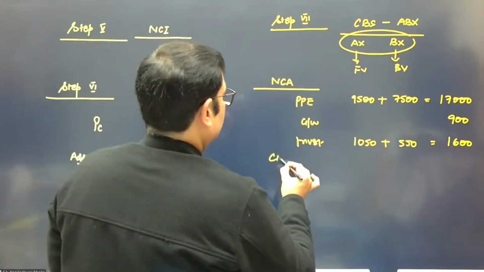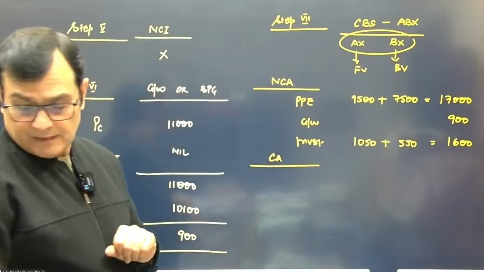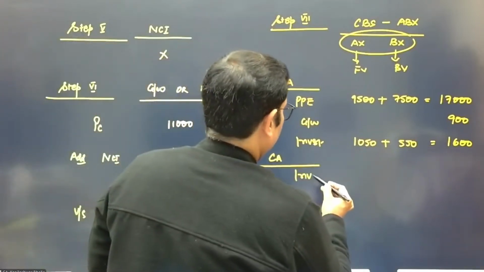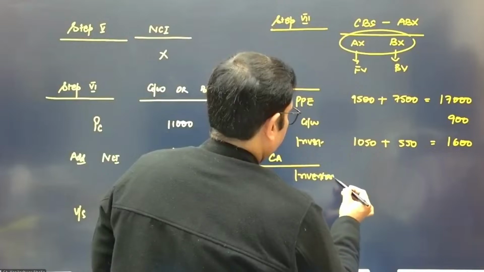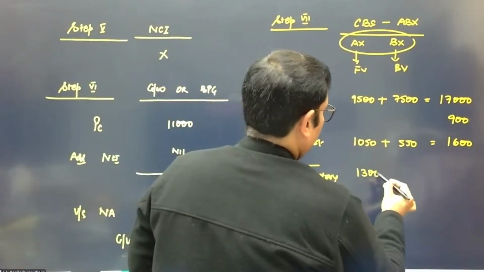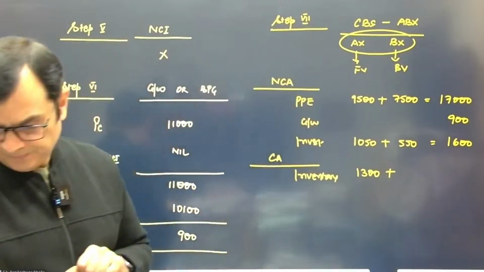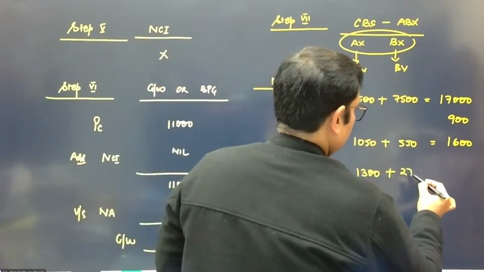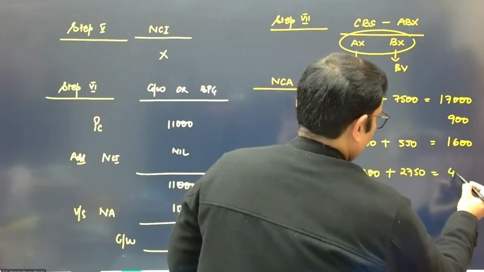Then we've got current assets. We are given the inventory. What was the fair value of the inventory? 1,300 for AX, and BX will take the book value, which is 2750. That is 4050.